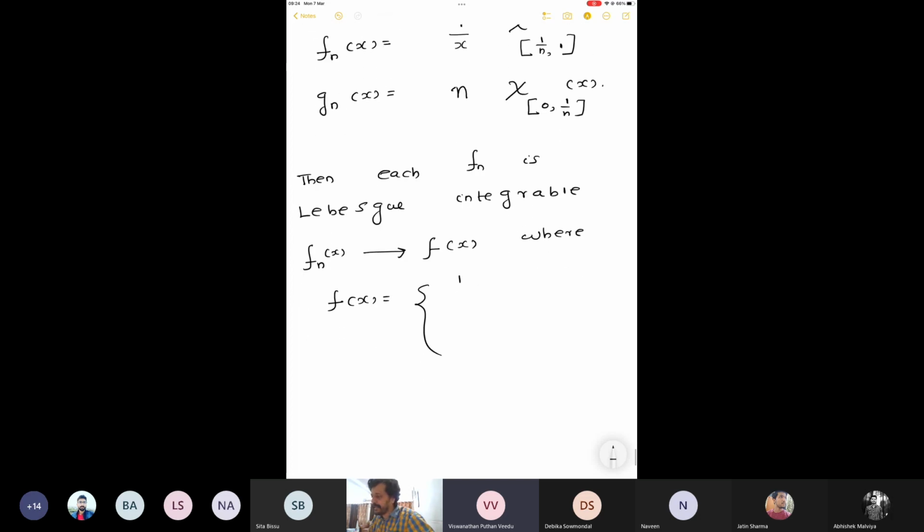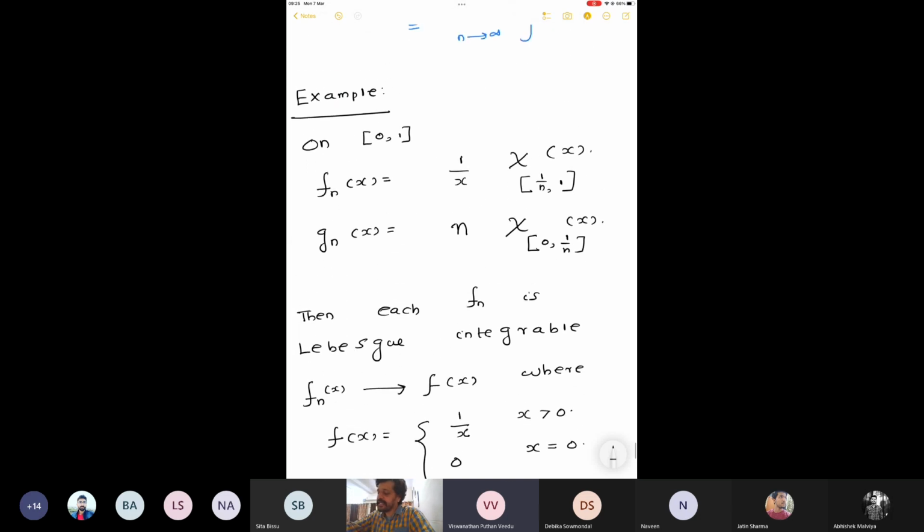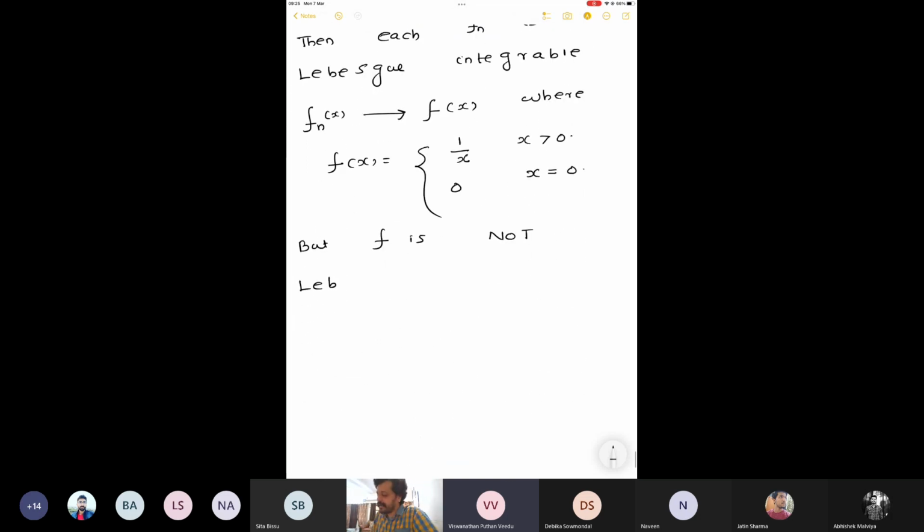It will be 1/x when x is greater than 0 and it is 0 when x is equal to 0. Okay. But f is not Lebesgue integrable. So you have to convince yourself that each f_n is Lebesgue integrable and that the limit function is not Lebesgue integrable. So we are in a similar situation as in Riemann.